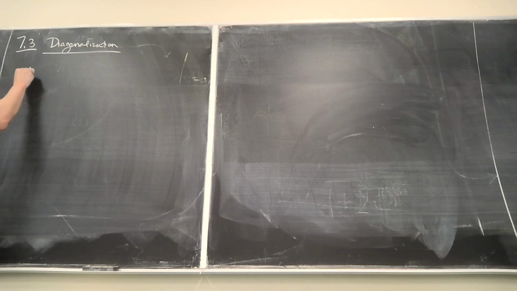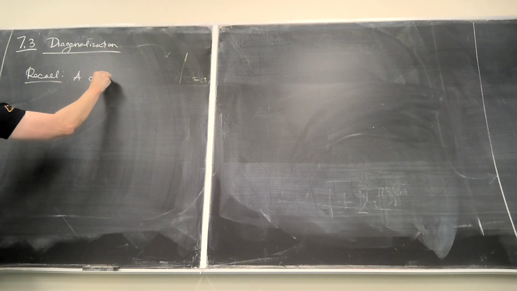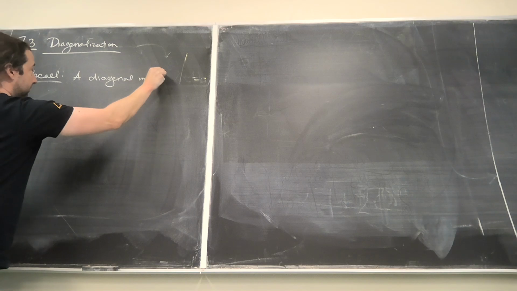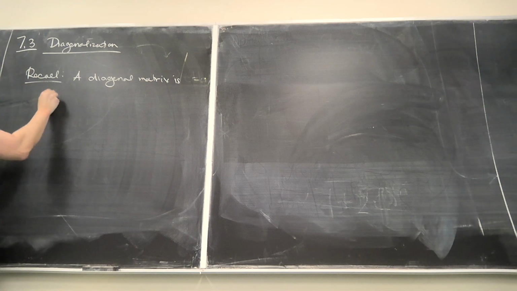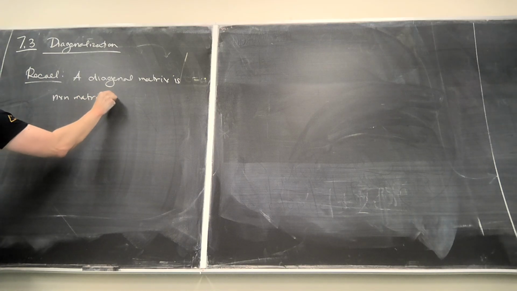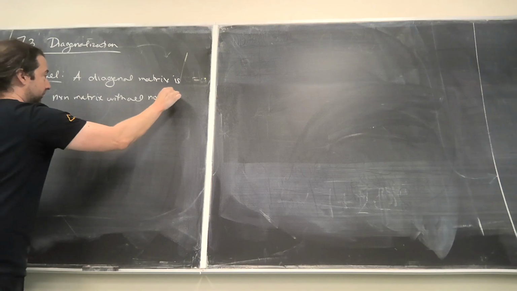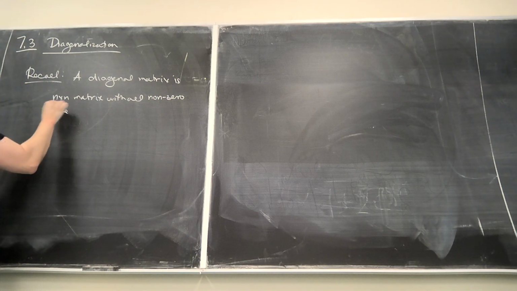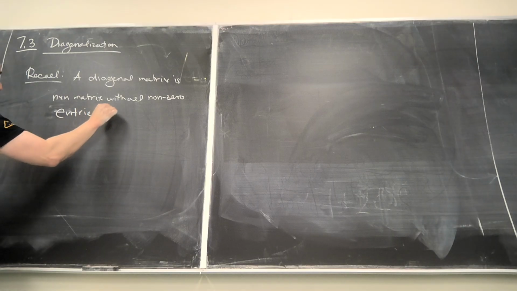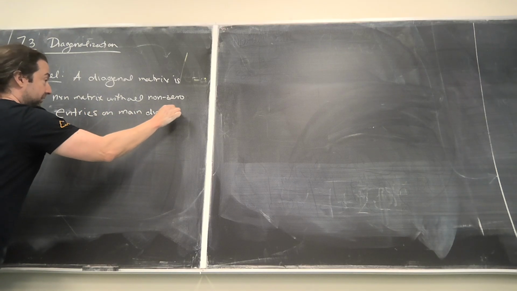So recall, a diagonal matrix is an n by n matrix with all non-zero entries on what's called the main diagonal.